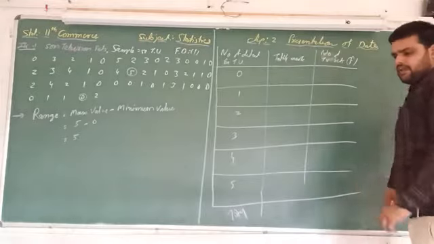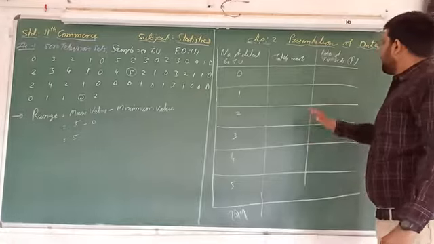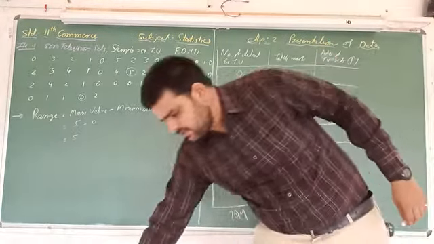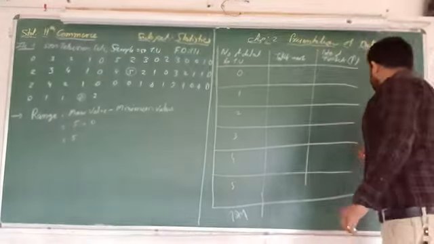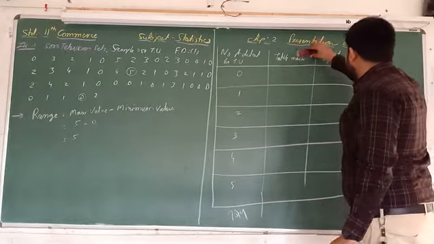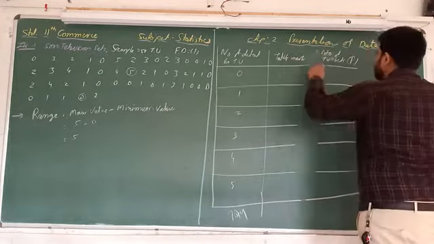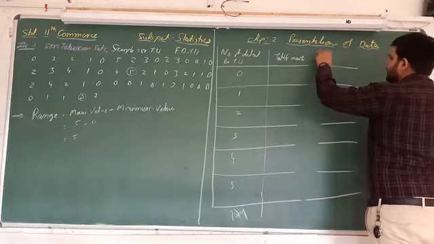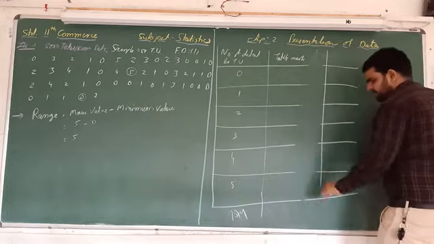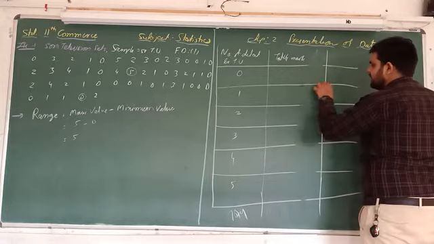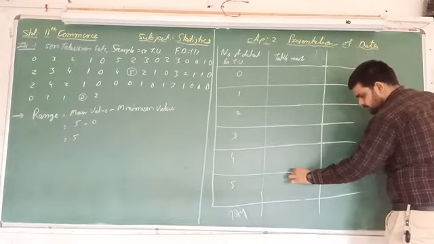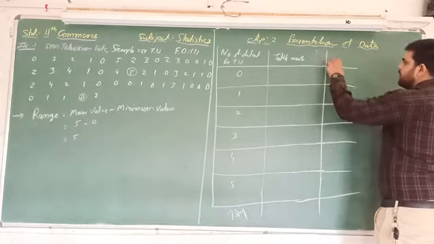Now we have to prepare the frequency distribution. With the help of the given information we draw these columns, so we can easily do the tally marks.